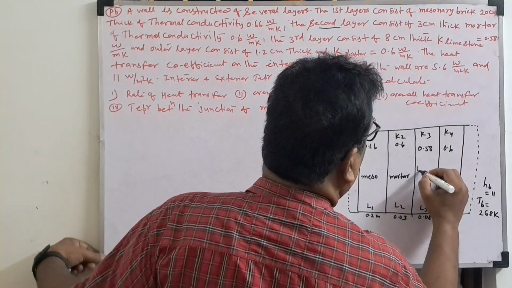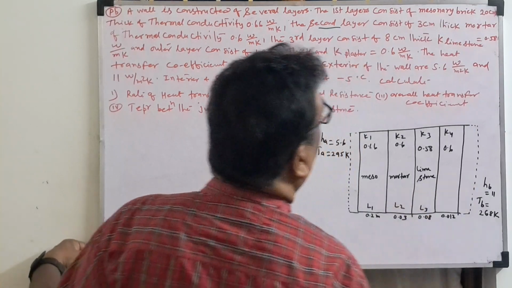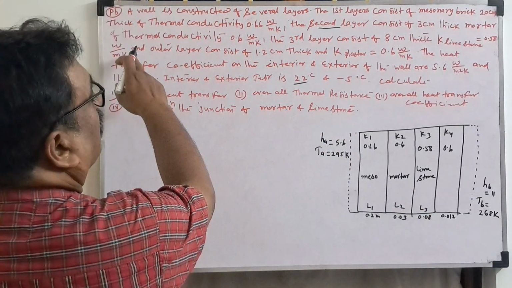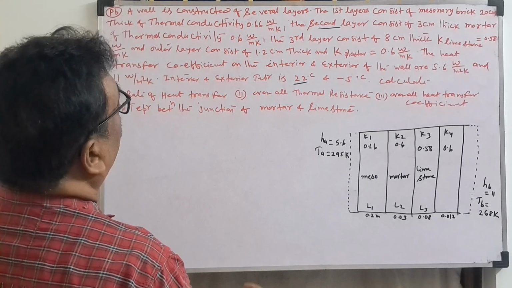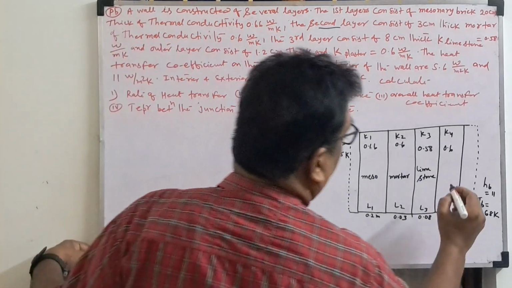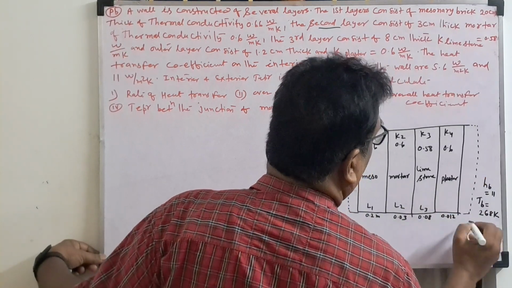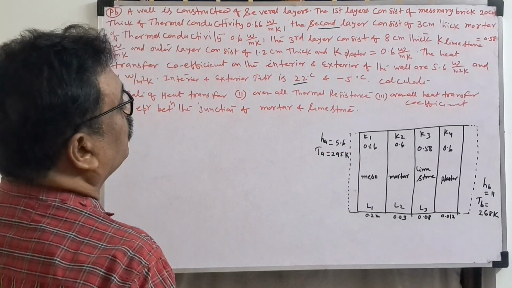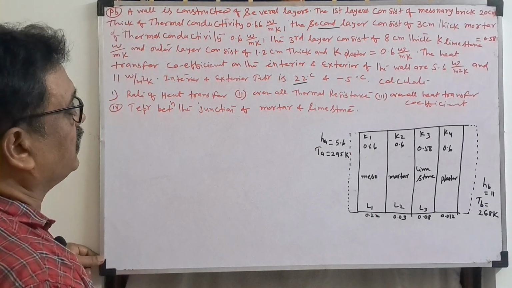The outer layer consists of 1.2 centimeter thick plaster, so 0.012.